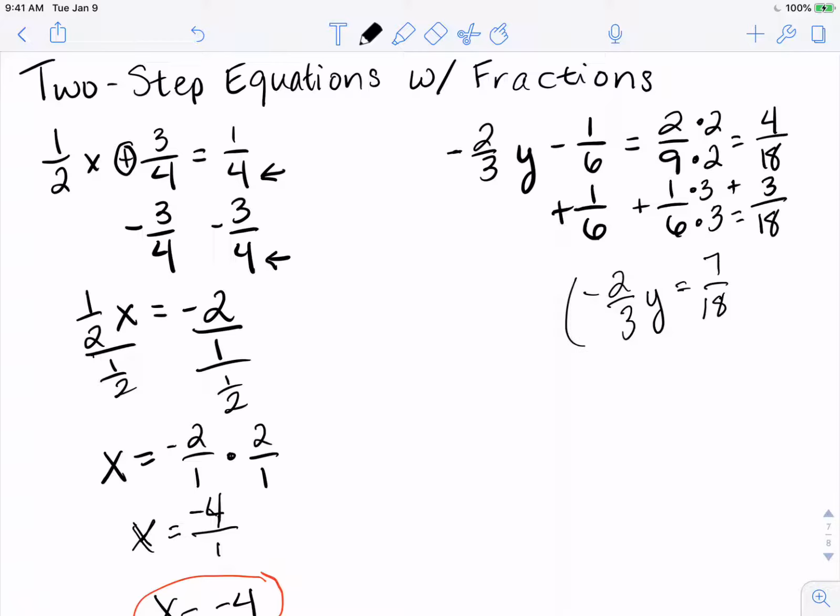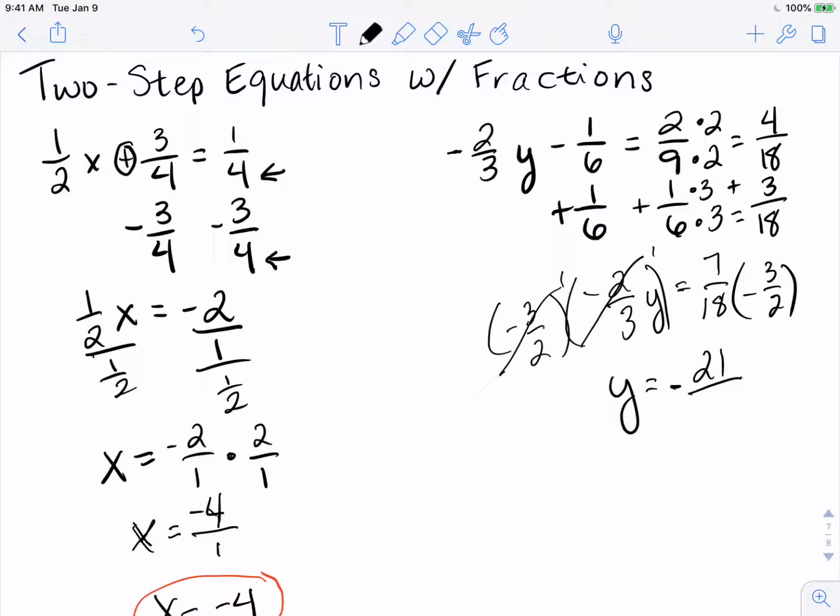So we are going to multiply both sides, always both sides, by -3/2. This and this equal 1. So you get y equals negative, because it's a positive fraction times a negative fraction. 7 times 3 is 21. And 18 times 2 is 36.